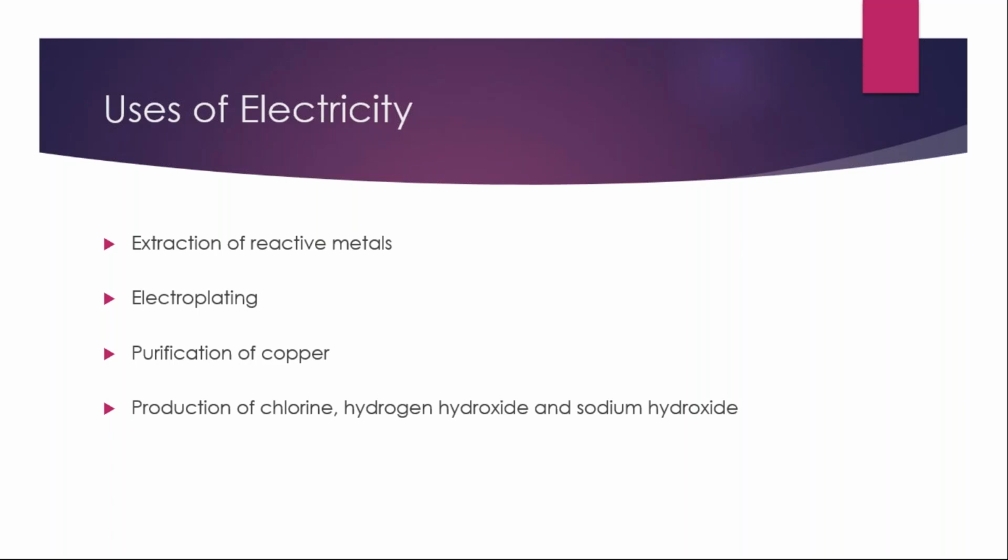Let's say, for example, you want to electroplate a spoon. The spoon will serve as the cathode, while the silver will act as the anode.